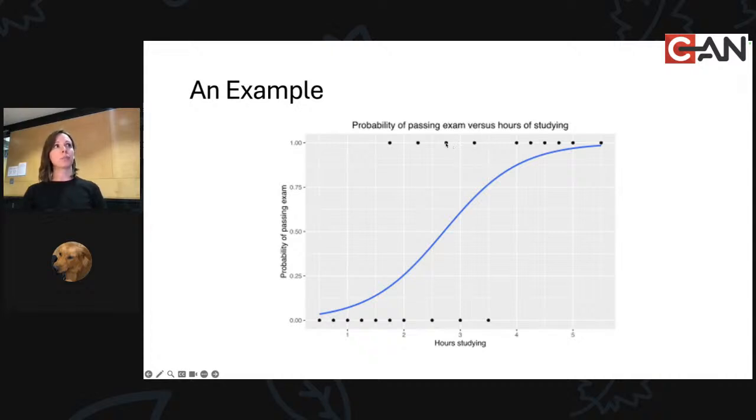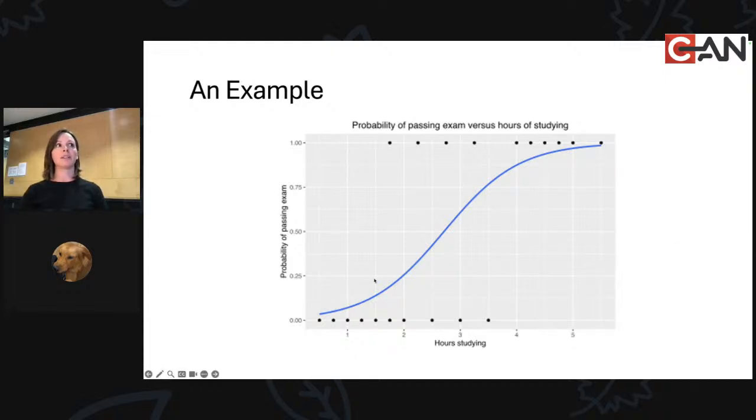And there are several people who passed the exam and didn't spend quite as much time studying. But generally, there is a trend that we can say the less time you spent studying, you're more likely to fall in this population of people who didn't pass the exam. And the more time you spend studying, you're more likely to fall in this population of people who did pass the exam. So again, this just helps us understand that models are wrong, but some are useful.